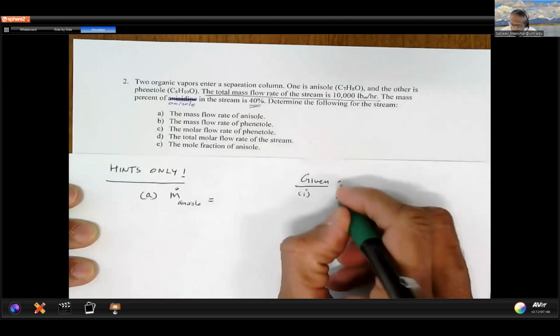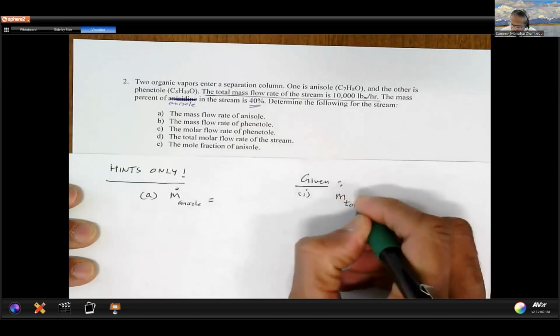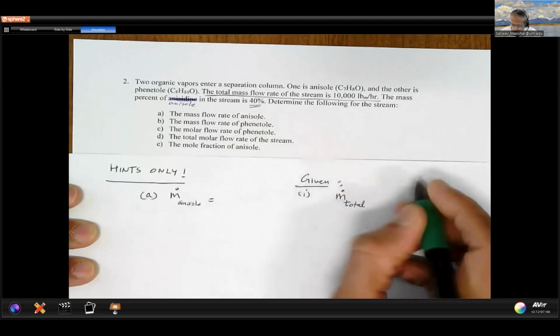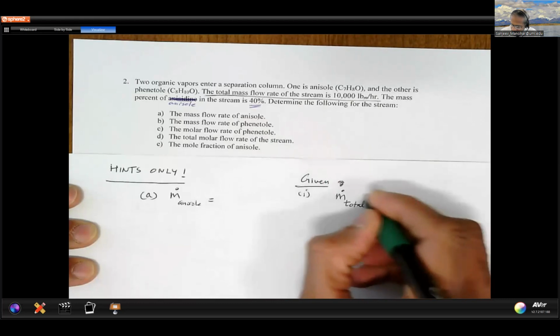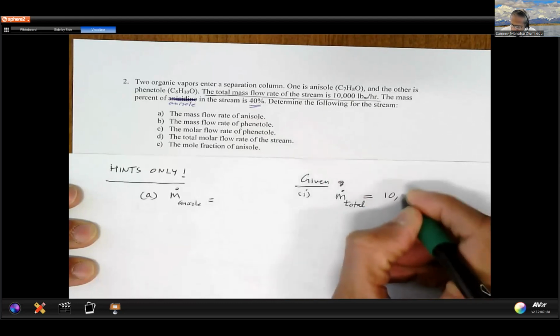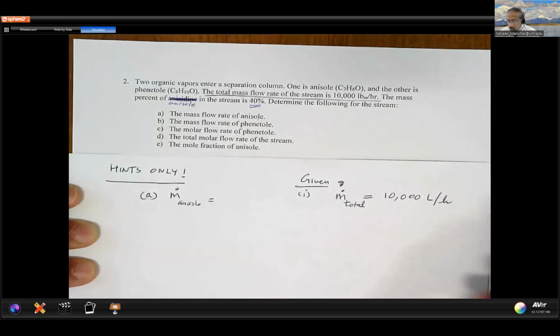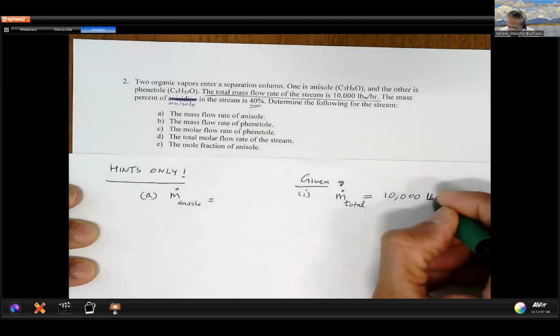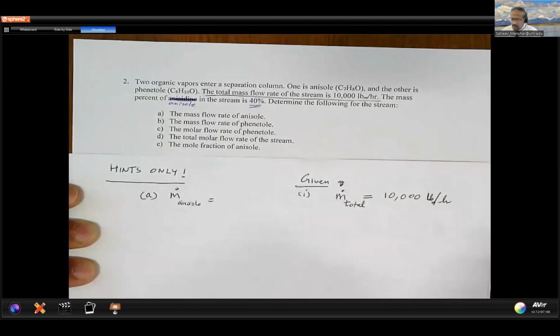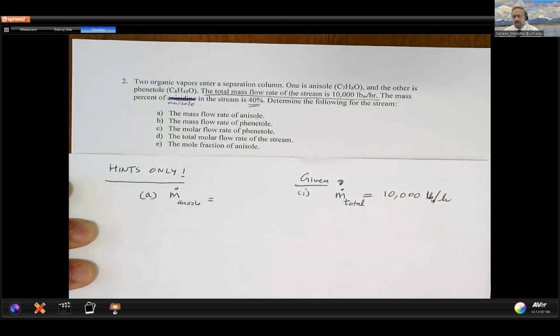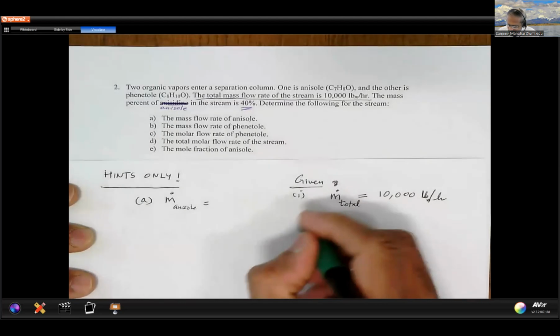So that's that. What second thing is given?